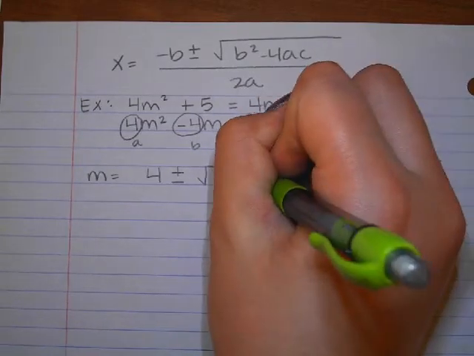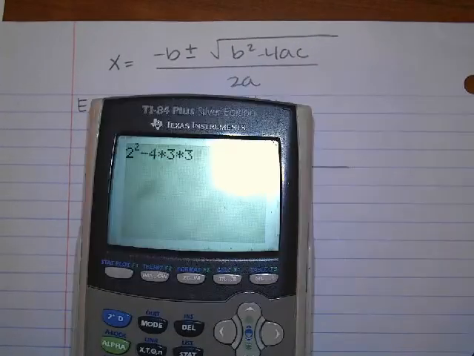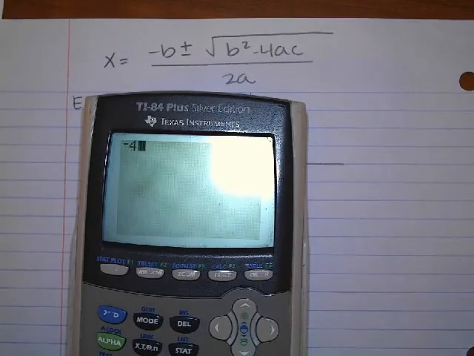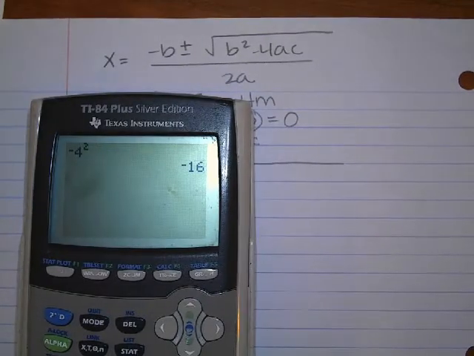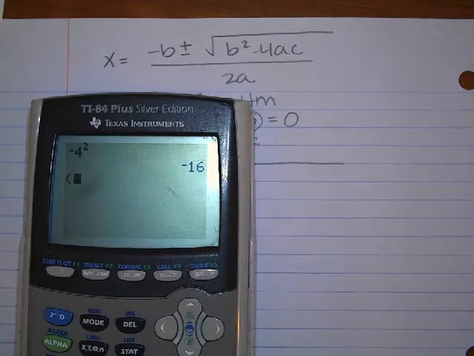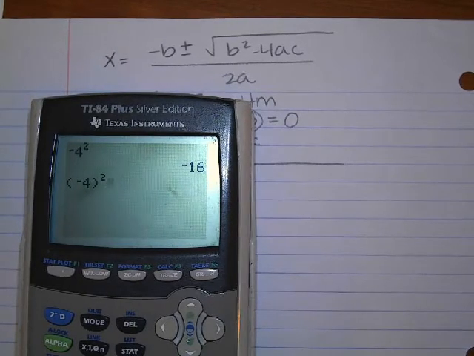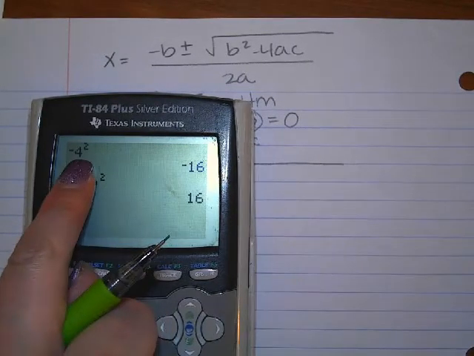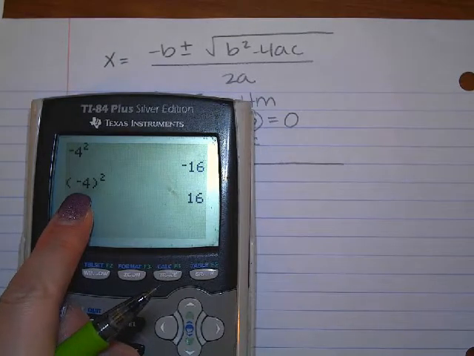But so many students, when they type this in, think it's negative 16. If you type negative 4 squared, your calculator squares the 4 but does not square the negative. So if you want to square negative 4, you have to type it in parentheses and then square it. The first way kills a baby otter. The second way keeps it alive.